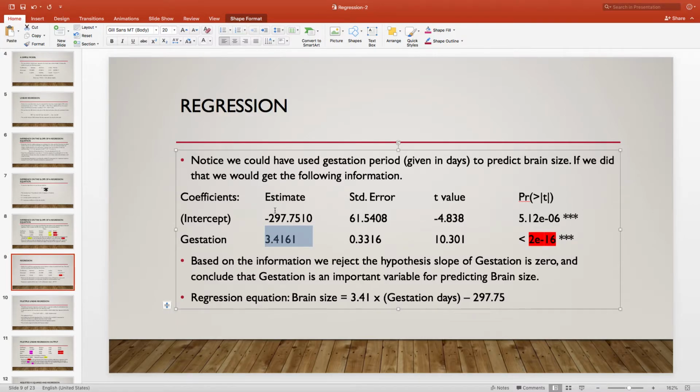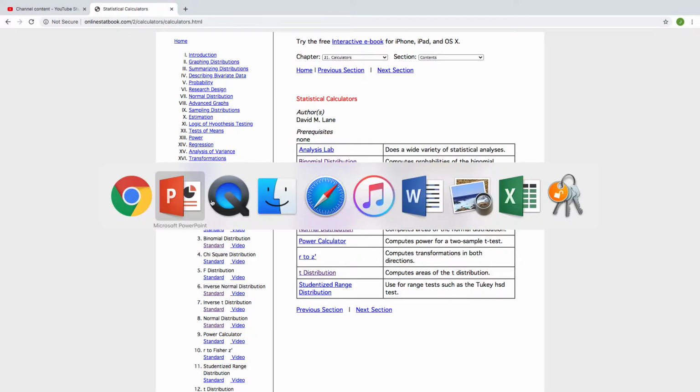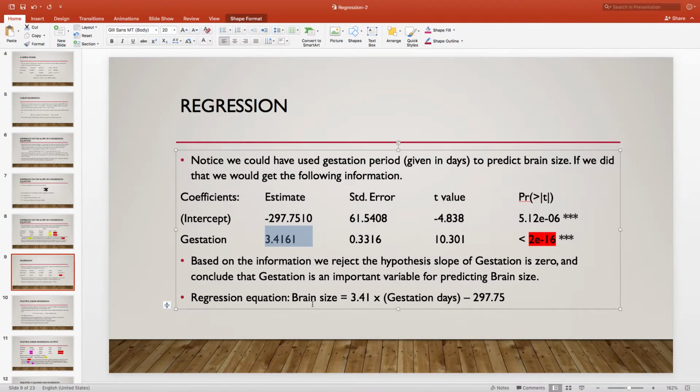So looking at this output, this equation gives us our linear regression equation. For brain size, it says it's 3.41 times the number of gestation days, subtract 297.75. One thing just to review, some old material, is that this intercept doesn't make sense.